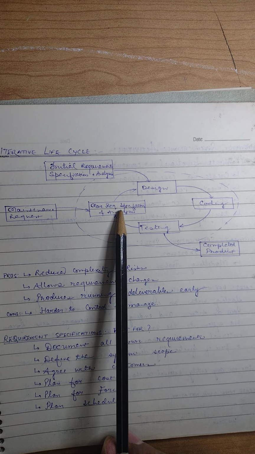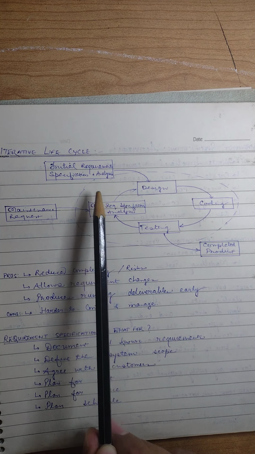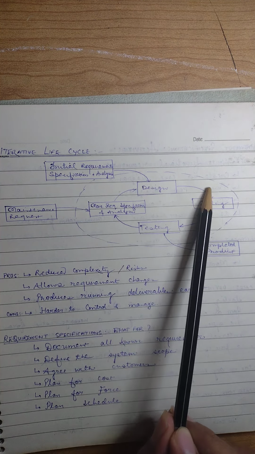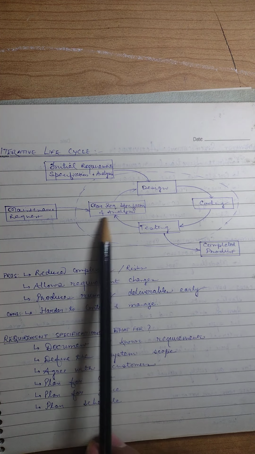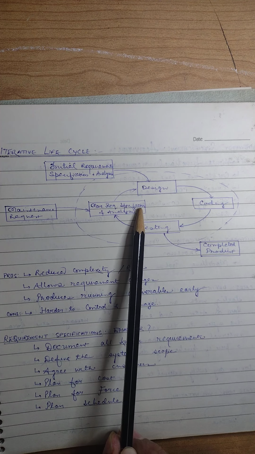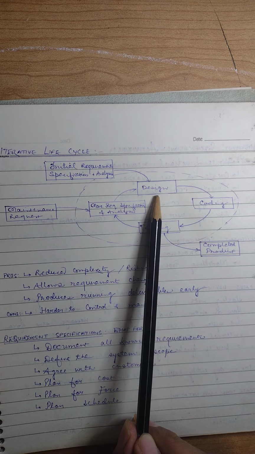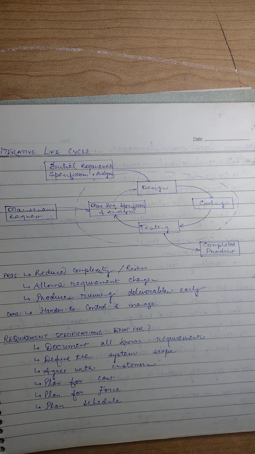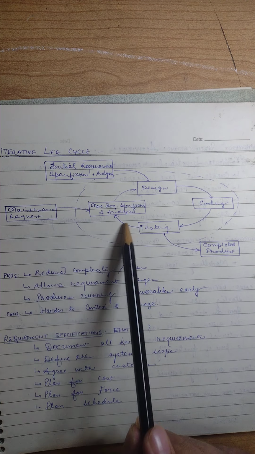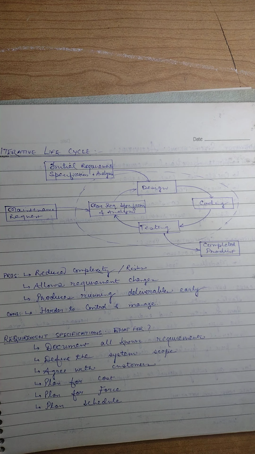Here you added 2 more, so it will change to 5 plus 2, now 7 requirements. Then in the next iteration 3 more added, so it will change to 10 requirements to be implemented. Now maintenance requests also come in between, some changes or some maintenance requests. All these things are also there.